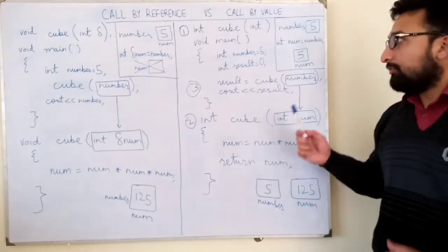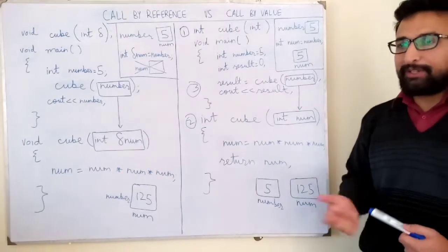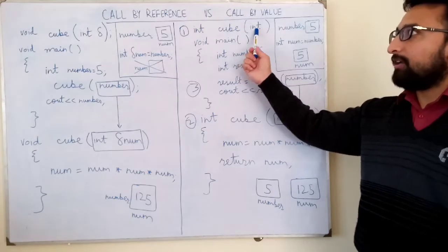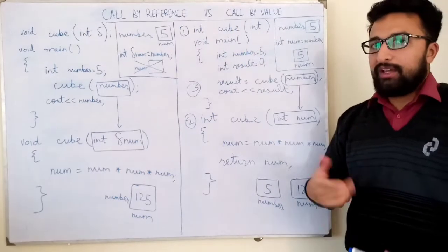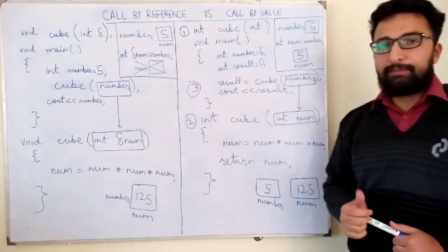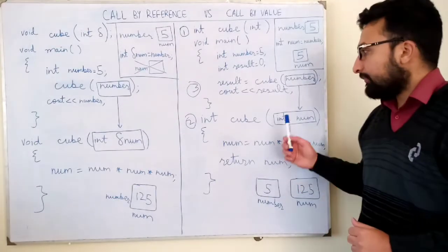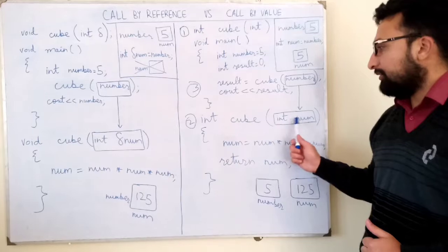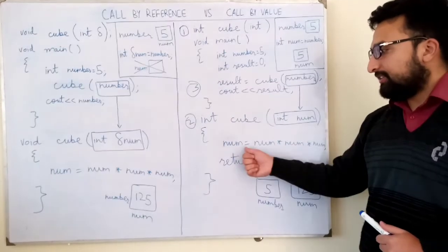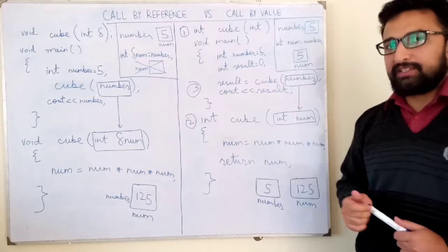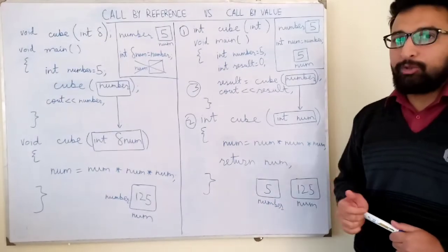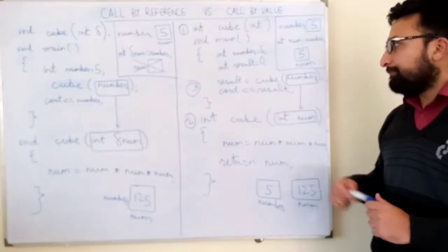For example, in this example we had the function cube that was expecting one argument, and that will return one integer value after performing the cube on that particular value. Here we were receiving an argument in the variable num, and just multiplying it with itself 3 times to take its cube, and then returning that value back to the main function.